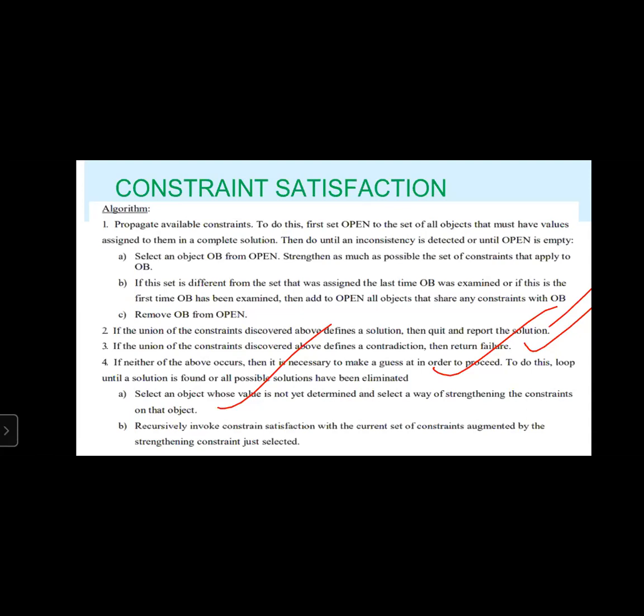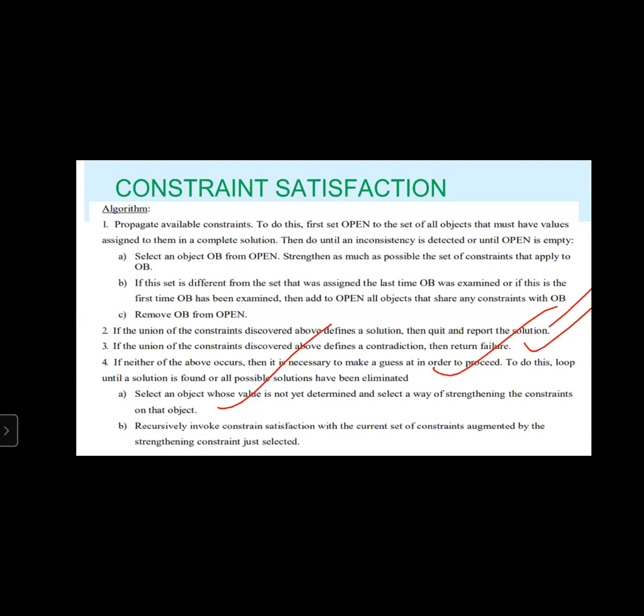Okay. If the union of the constraints discovered above defines a solution, then quit and report the solution. If the union of the constraints discovered above defines a contradiction, then return fail.